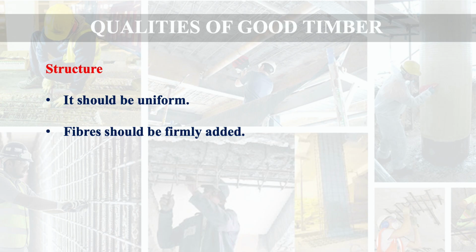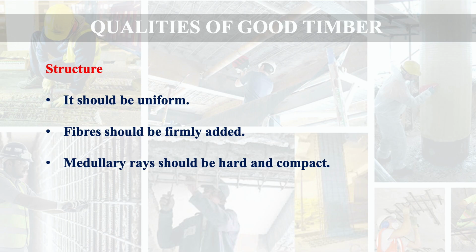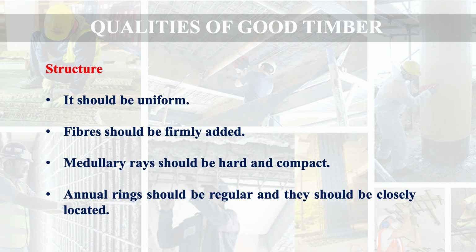Fibers should be firmly held. Medullary rays should be hard and compact. Annual rings should be regular, means there should not be any irregularity in the annual rings, and they should be closely located. So the structure should be compact.